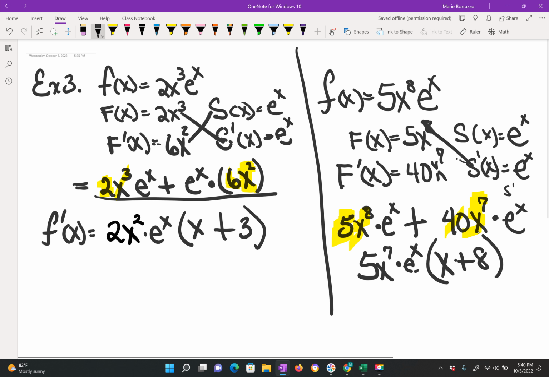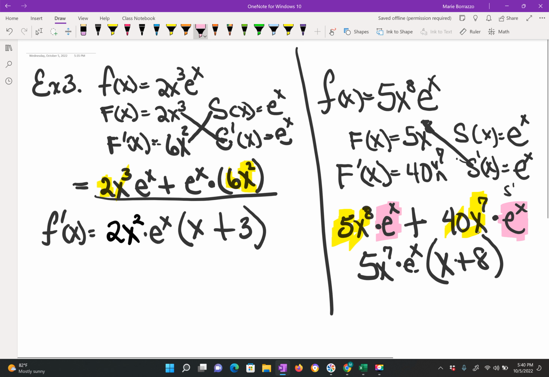If I multiply that back, it comes back. I get the first part, 5x to the 7th times e to the x, but I don't get the parentheses part, x plus 8.